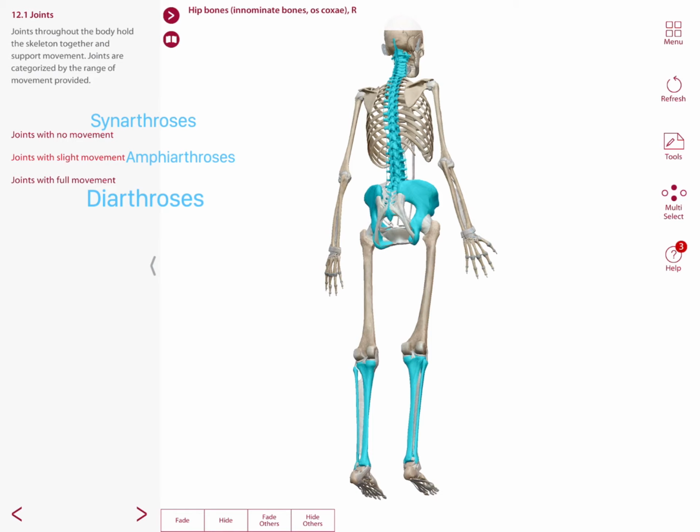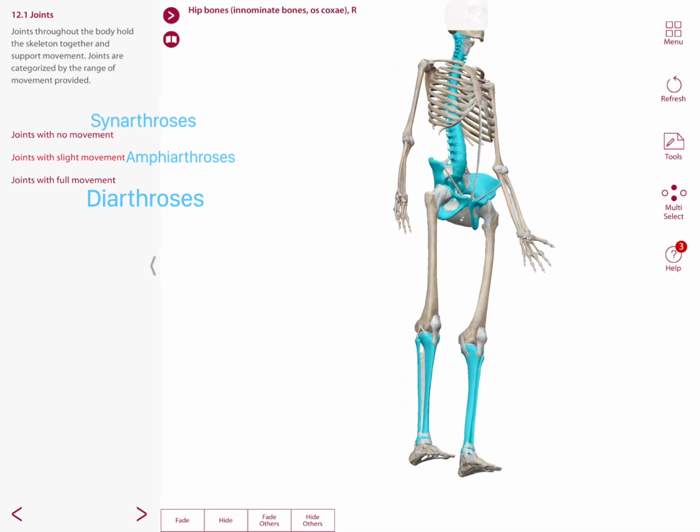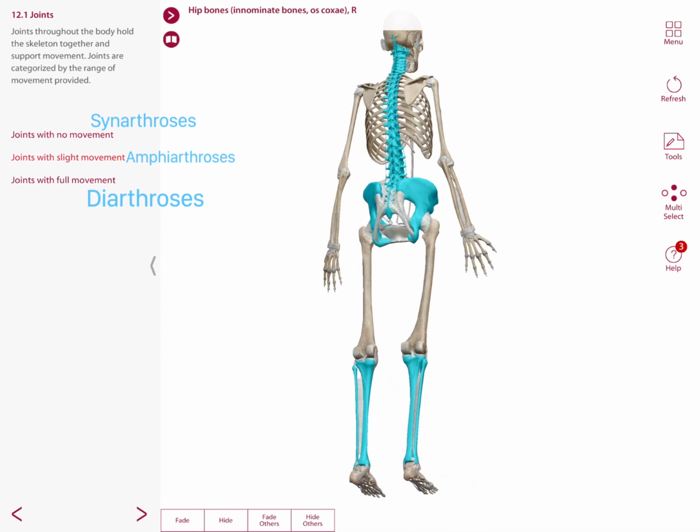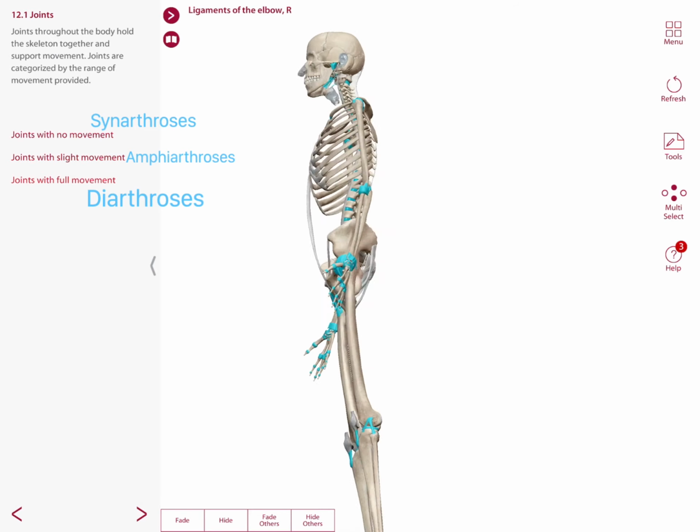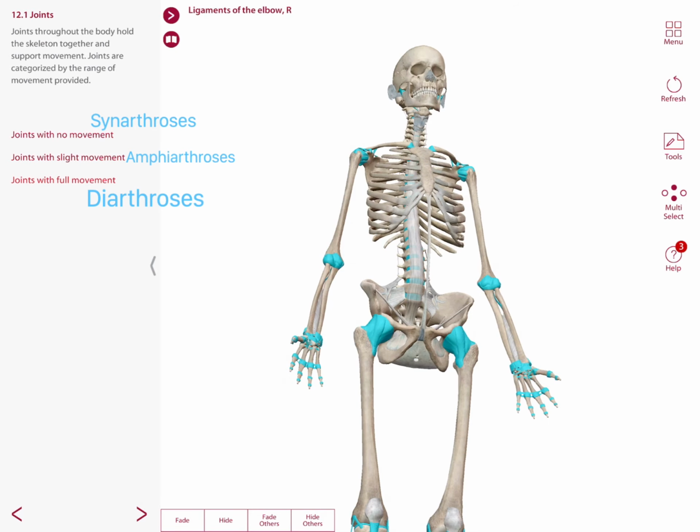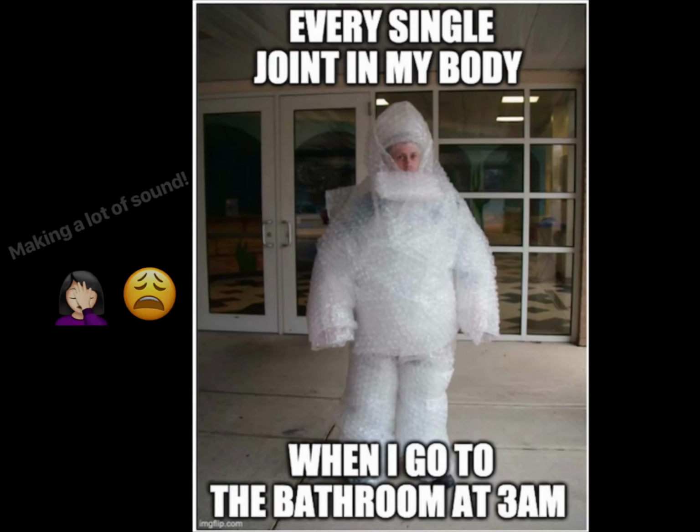For example, we have the pubic symphysis and the intervertebral discs. And the third type of joint is the diarthrosis, which are joints that allow full movement or are freely movable. For example, we have the hip, knee, shoulder, and the elbow.